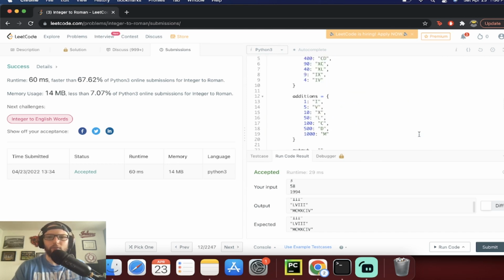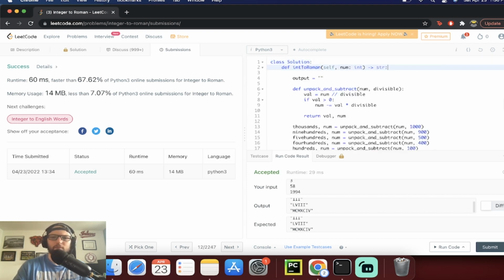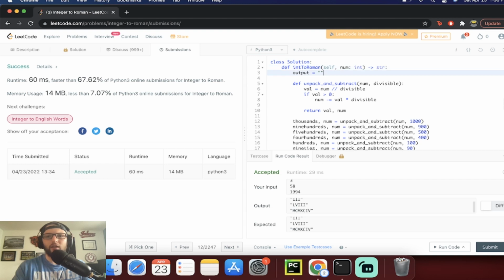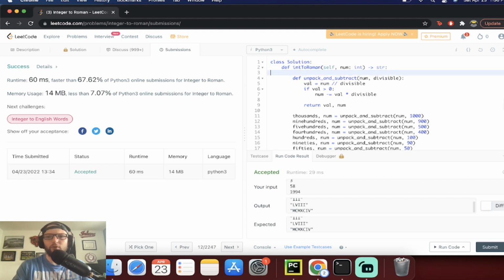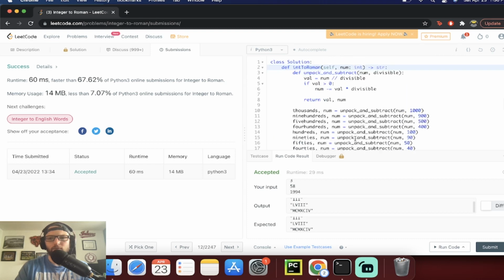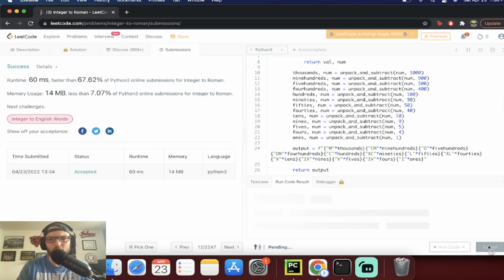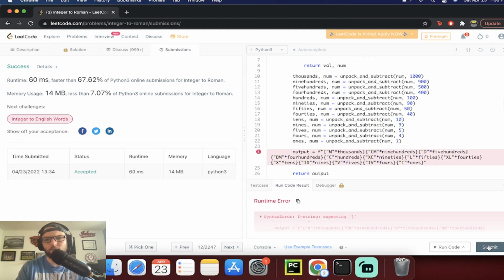And then we can go up to here and we can just go like so. And we could probably just get rid of the output because it's unwanted code. Bada bing, bada boom. This should work. Okay.